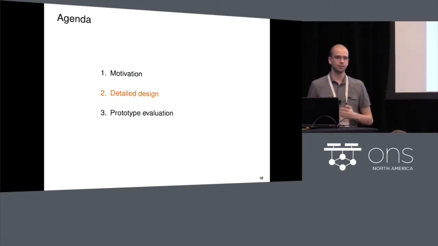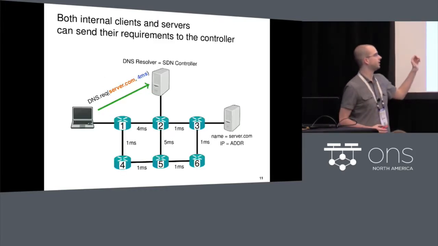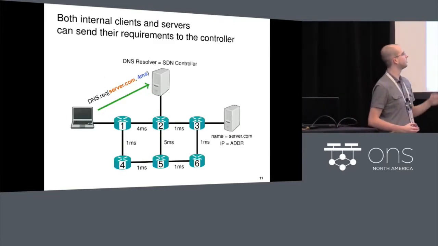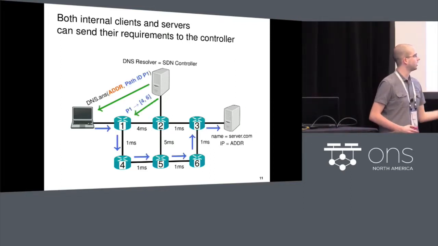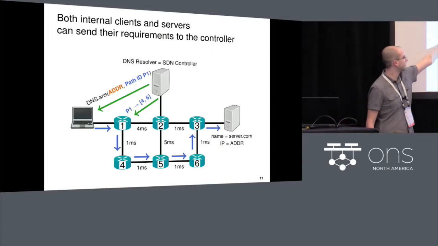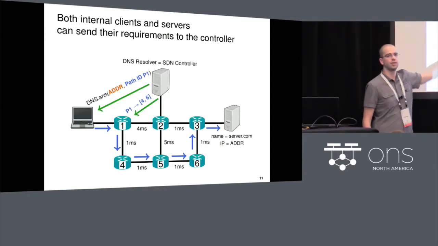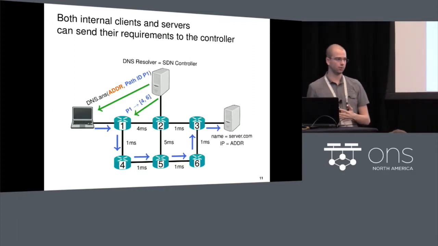But let's dig a bit into the details. I've explained that you have a client that sends some requirements to the SDN controller and gets back a path ID. But this only works on the client side. For the server side, there is no domain name to query.